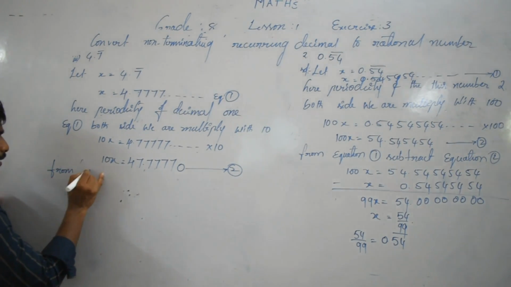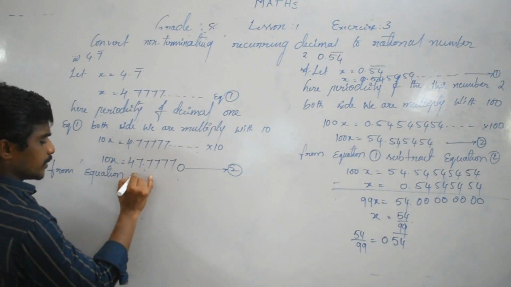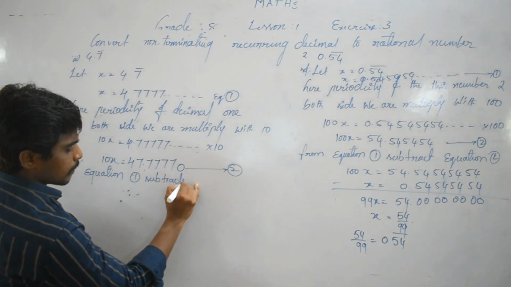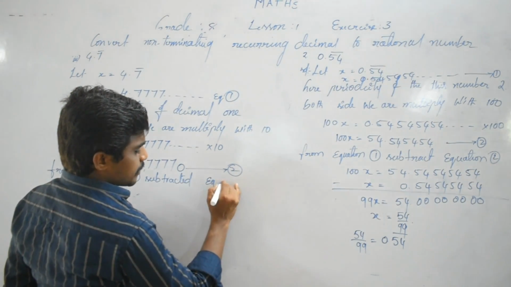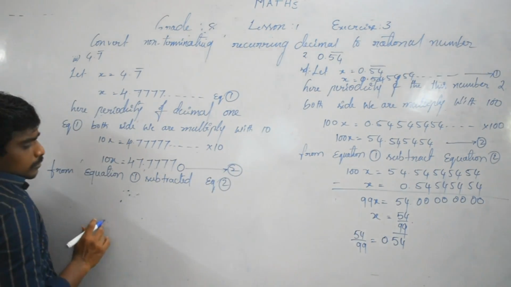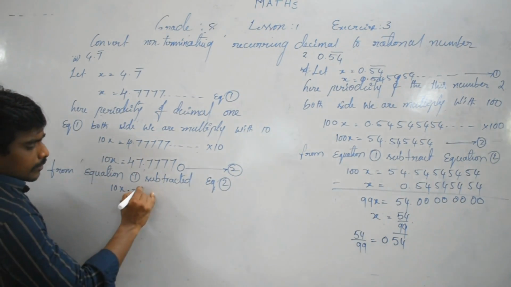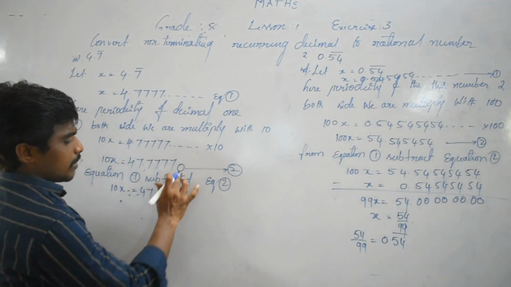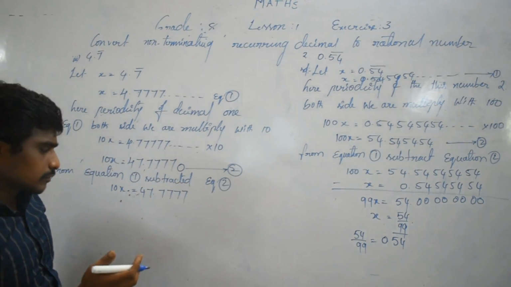From equation 2, subtract equation 1. So equation 2, 10x equals 47.777. Here see, the 0 has no value.